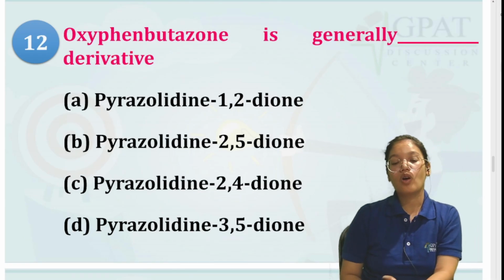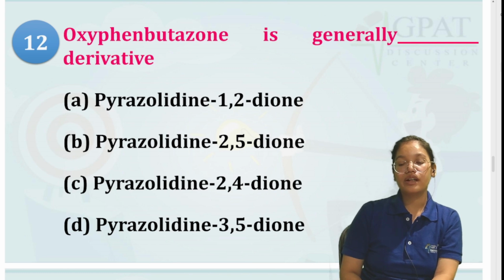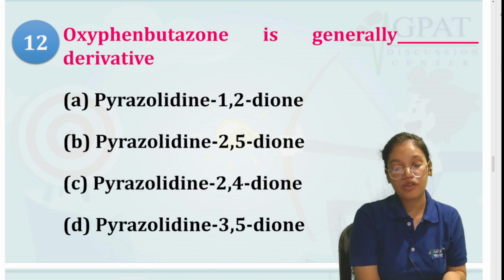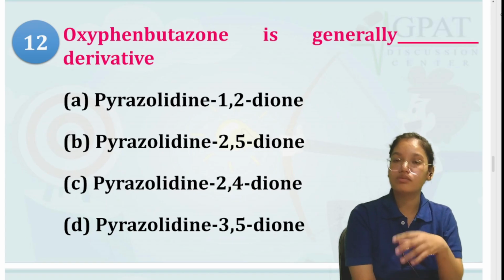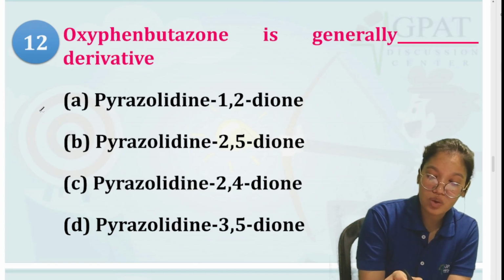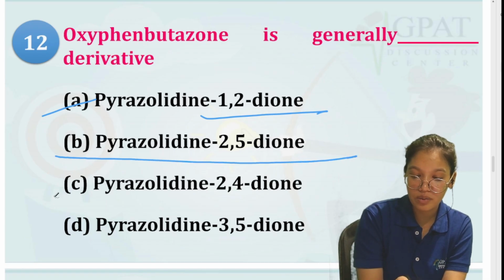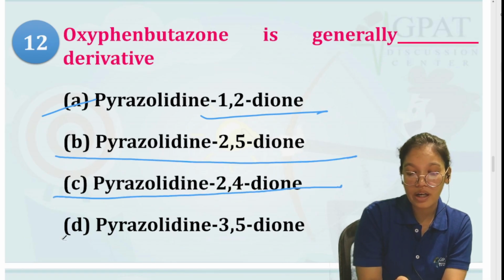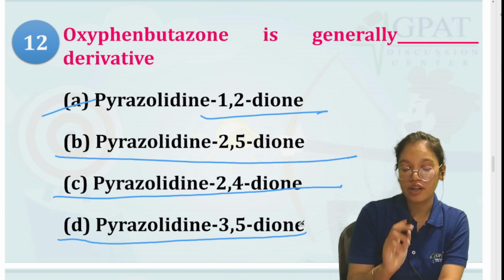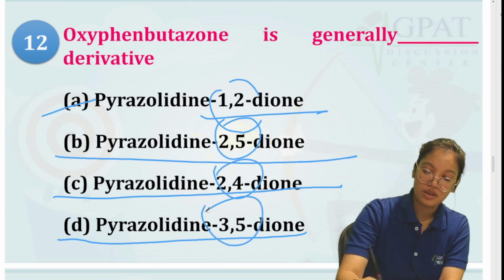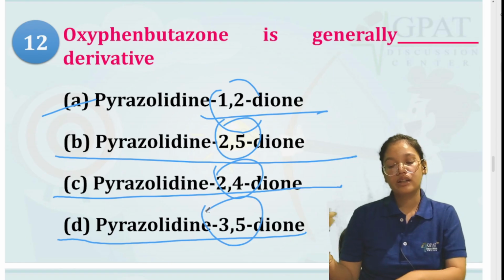Now next we have: oxyphenbutazone is generally a derivative of. They are asking the derivative of oxyphenbutazone. Let's look at the options first: pyrazolidine 1,2-dione, pyrazolidine 2,5-dione, pyrazolidine 2,4-dione and pyrazolidine 3,5-dione. They are basically asking the position of the ketone groups in the pyrazolidine.